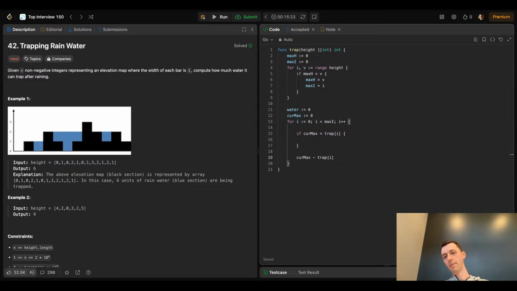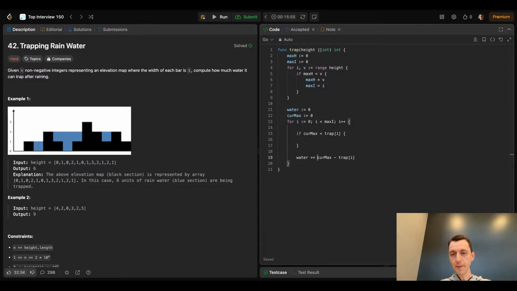Current max minus trap i is the volume that we can add. But if they're equal, we add nothing. We say water plus this volume. That's how much water it holds. If it's negative, we don't want to.